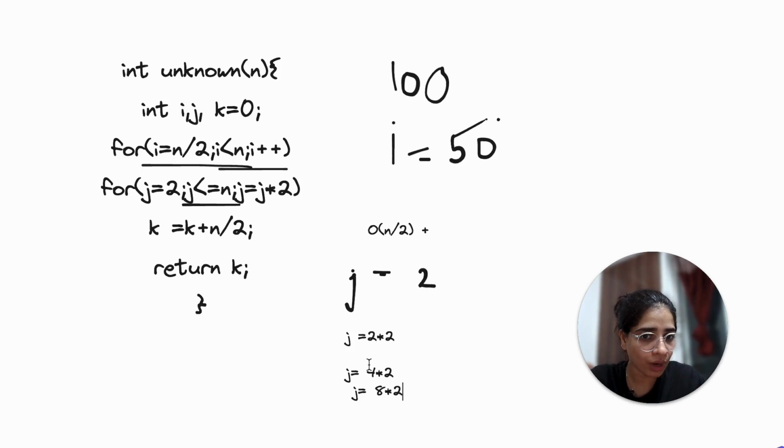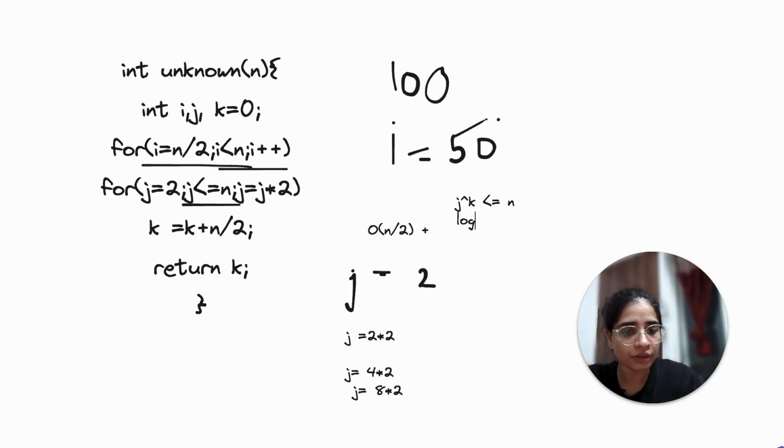So 2 to the power 1, 2 to the power 2, 2 to the power 3, 2 to the power 4. So that's how it is going on. So can I say it is nothing but 2 to the power k till the time it is less than or equal to n, 2 to the power k less than or equal to n. If I take a log, it will be nothing but log of n. We have seen this earlier as well.